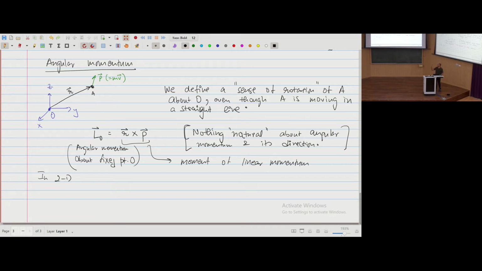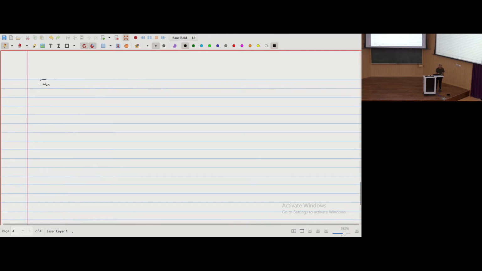So this was, of course, three-dimensional motion that we had shown. So if we simplify things to 2 dimensions, in this case, it's a planar motion.